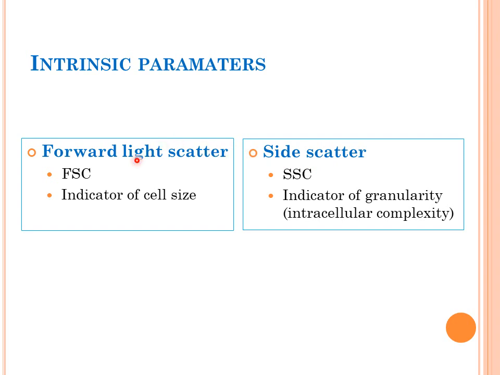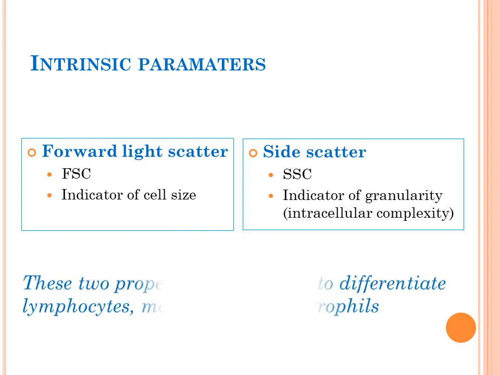The forward light scatter, you'll see it abbreviated FSC, forward scatter, is an indicator of the size of the cells that are passing through the aperture, while the side scatter, SSC, is an indicator of the granularity, the inside texture, if you will, of the cells, and that helps us determine how complex it is internally, which helps identify it. So the combination of the two can be used to differentiate lymphs from monocytes from neutrophils.